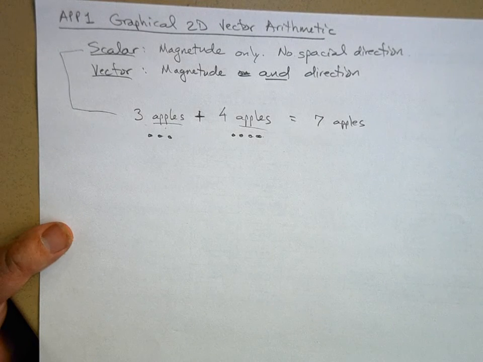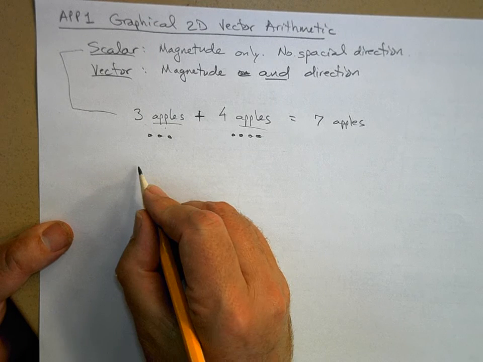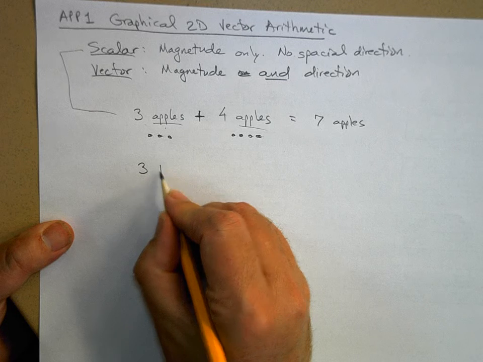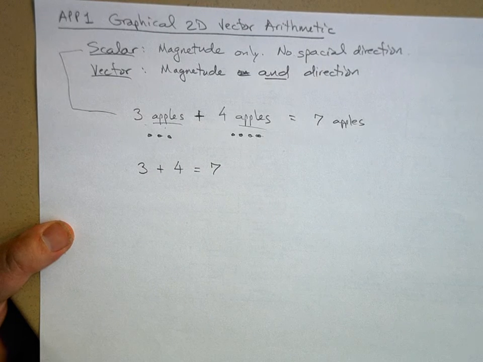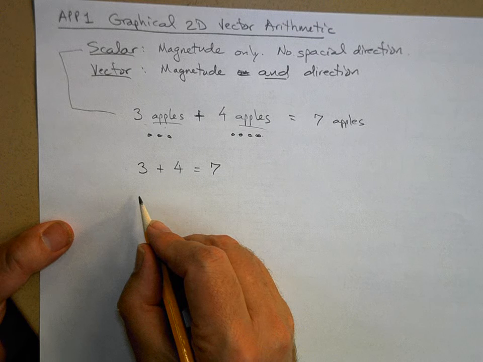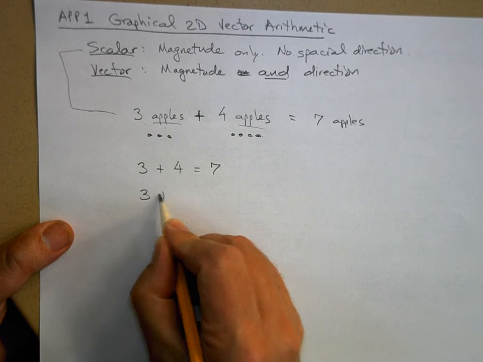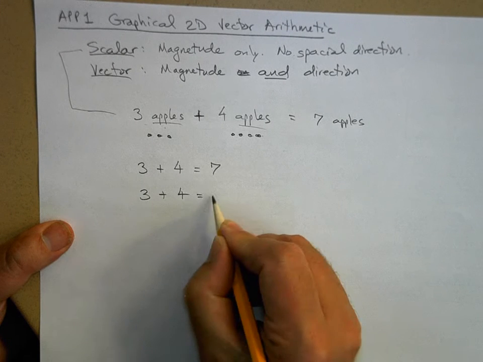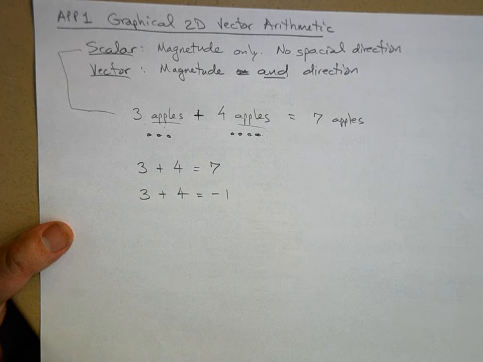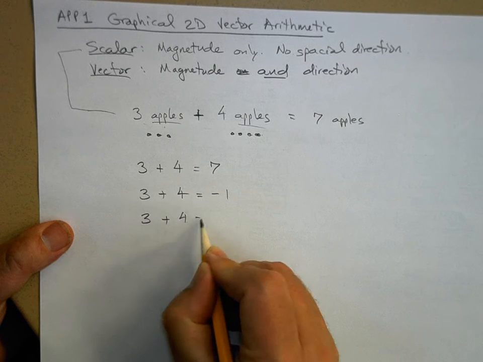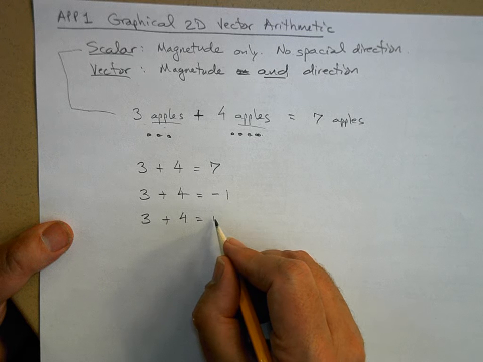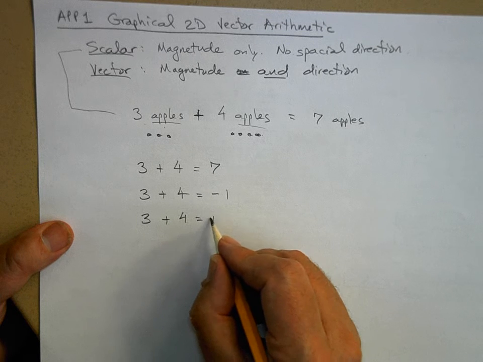But what if I told you that 3 plus 4 does equal 7, but I can give you an example where 3 plus 4 equals -1. And I can give you an example where 3 plus 4 equals +1.